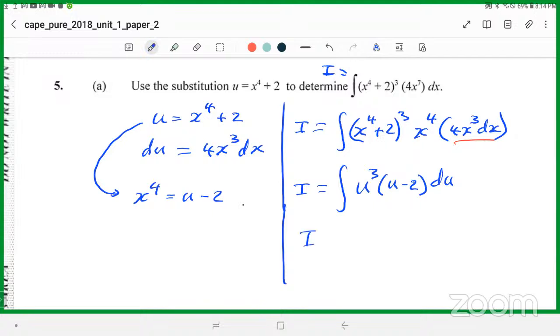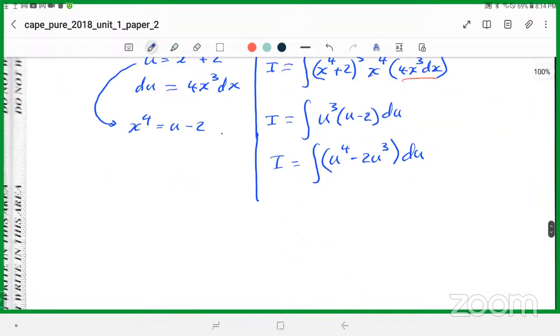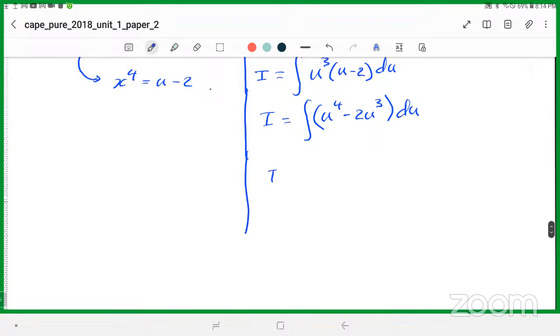Expand this out in separate terms now. And so the integral becomes u to the 4th power minus 2u cubed du. I'm integrating term by term now. So the integral equals u to the 5th power over 5. I'm going to add 1 to the power, I get 4, so minus 2 u to the 4th power over 4.